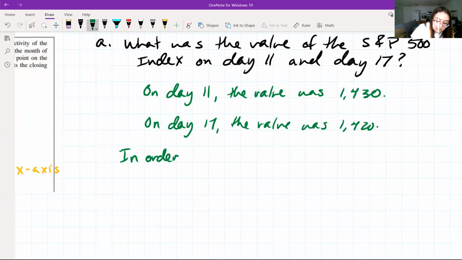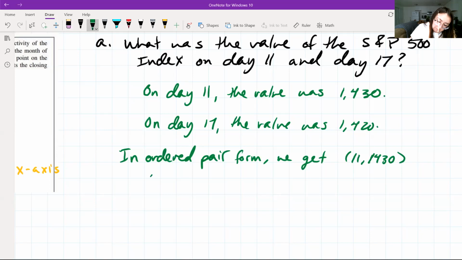We want to write these as ordered pairs. So in ordered pair form, we get (11, 1,430) and (17, 1,420).